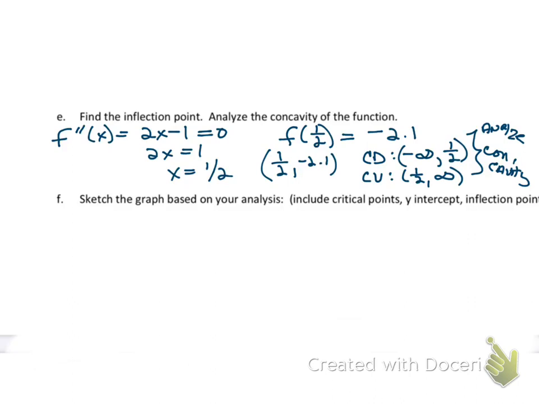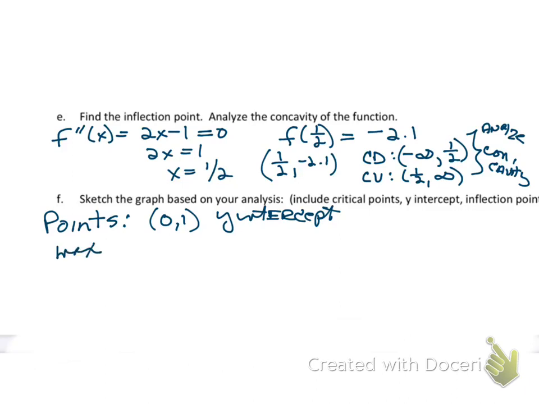So what points do I want to include? So let's list them now. So I know I need to have the y-intercept, that's 0, 1. So that's my y-intercept. Okay, then I have a max.